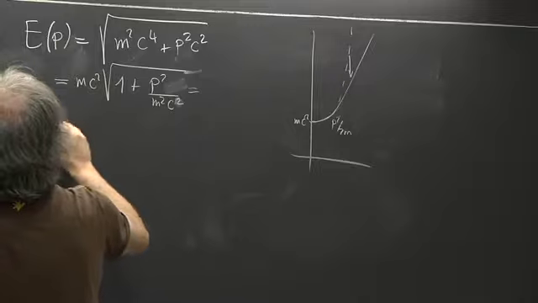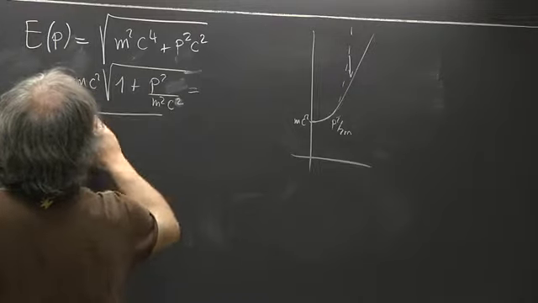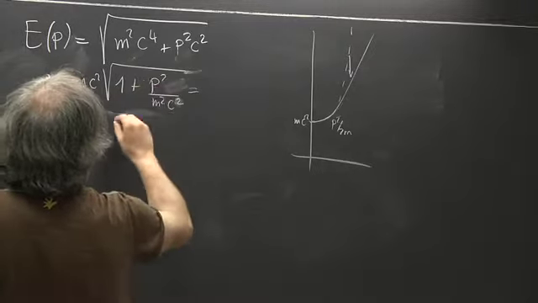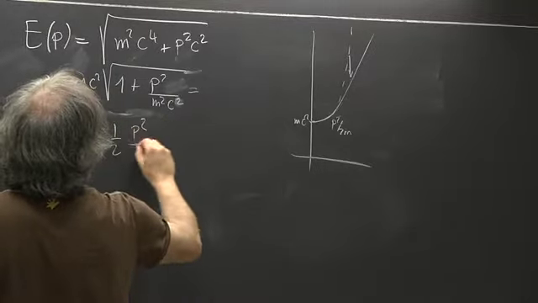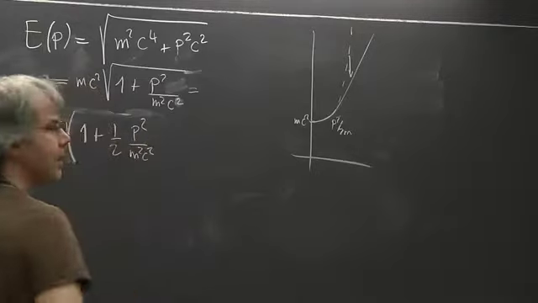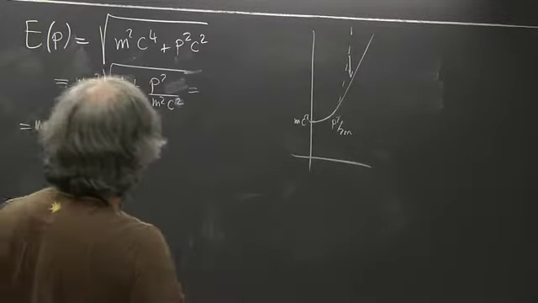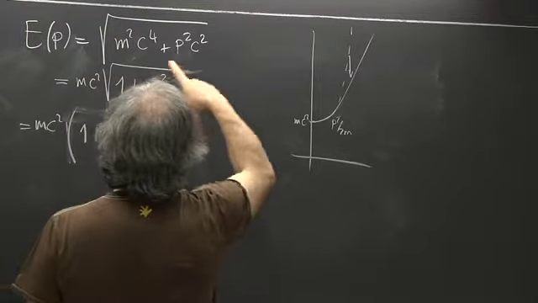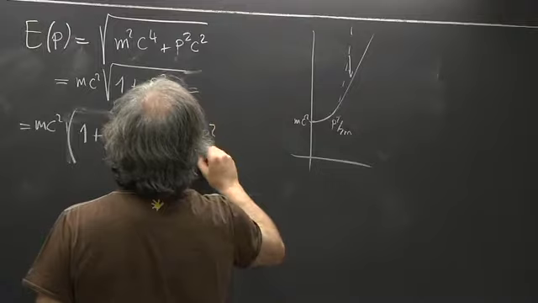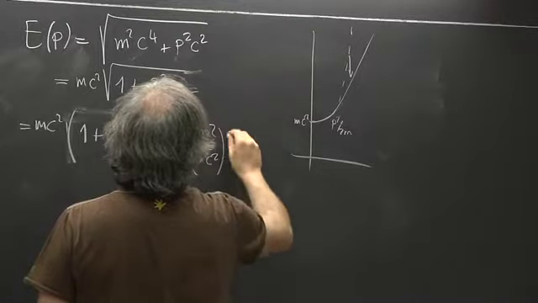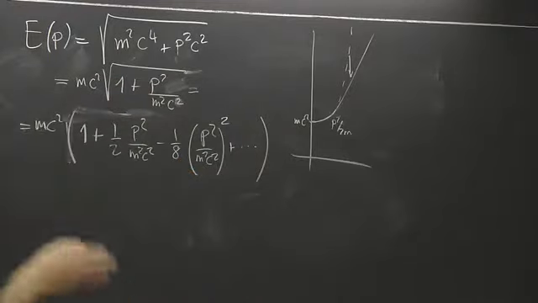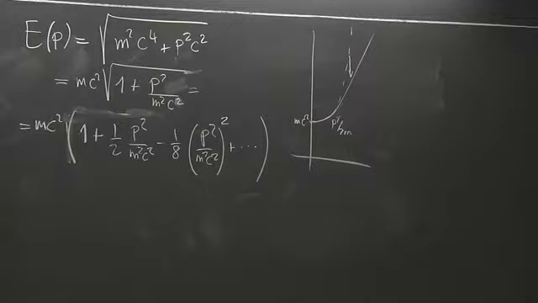The square root becomes 1 plus 1/2 this term. This is simple to remember. And less simple, but I think still right, there is a -1/8 times the square of this term, so p squared over m squared c squared, squared, plus other terms. I think it's 1/8, but check, okay? Never mind. I'll see after the calculation if this is correct.